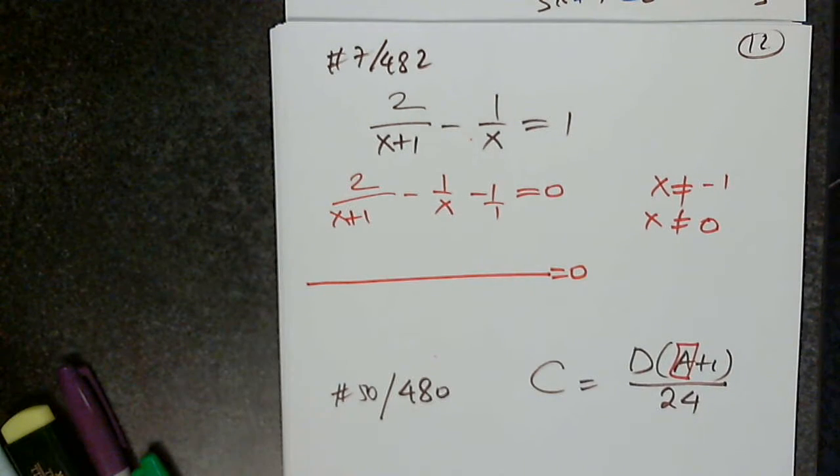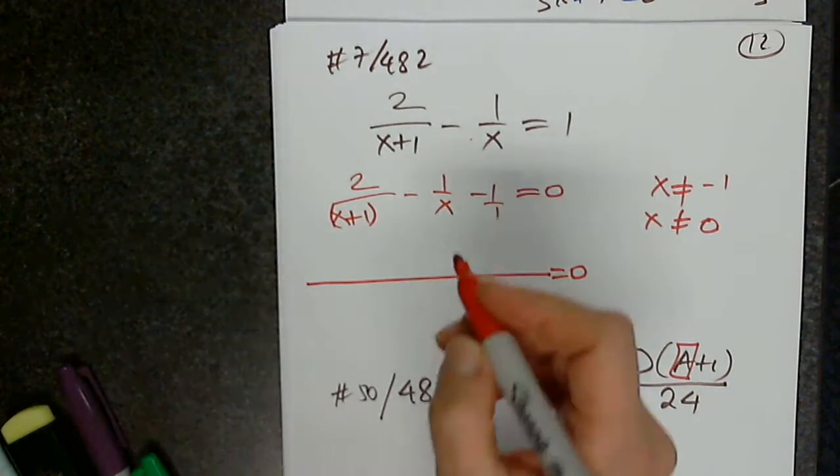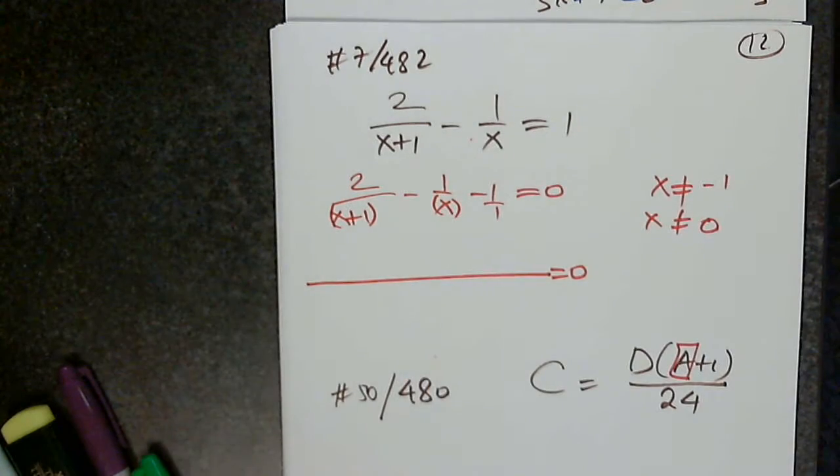LCD, please. X plus 1. Careful. All different factors have to be in the denominator. How many different factors do I see? I see x plus 1, which is not factorable. I see x, which is not factorable. And I see 1, which is not factorable.